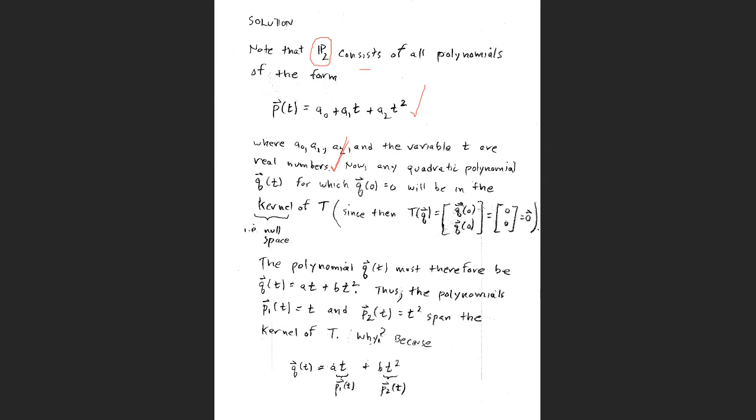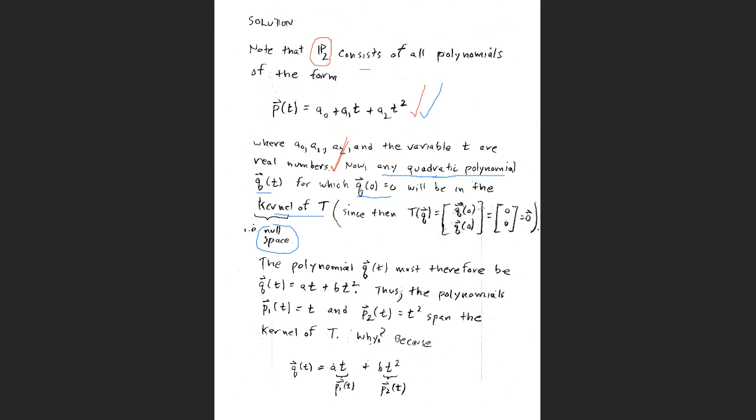Okay, so, all right, now any quadratic polynomial, and that's what these are, quadratic polynomials, they're degree 2. Any quadratic polynomial q of t for which q of 0 equals 0, that means you put t equals 0 in and the polynomial gives you 0, that would be in the kernel of the transformation, because the kernel of the transformation is the null space of the transformation.